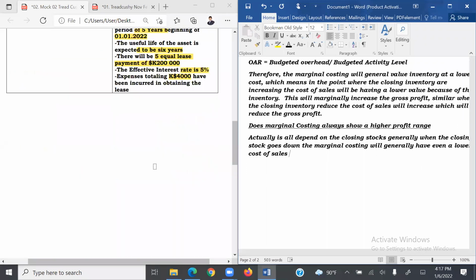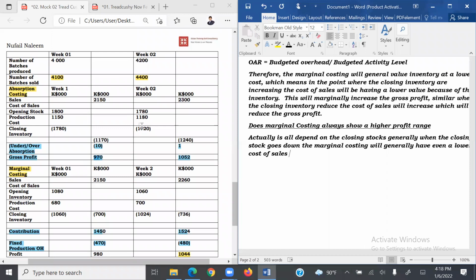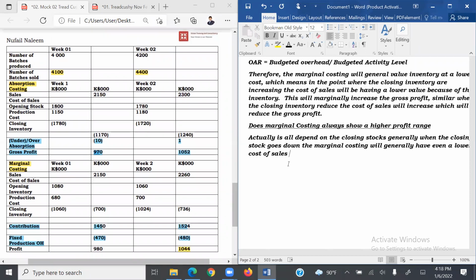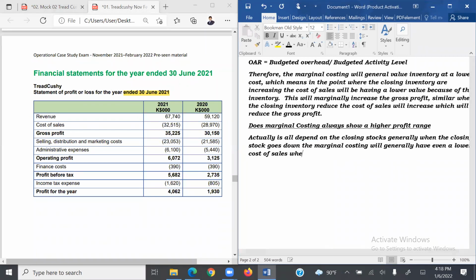Get that point of view very clearly, students, because in this the inventories are increasing. So in that case, lower cost of sales, where the gross profit can be higher. So get that understanding very carefully.